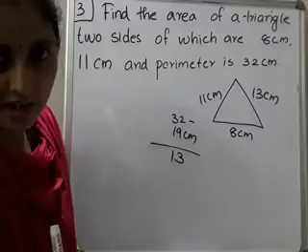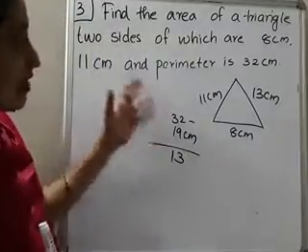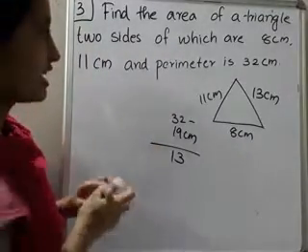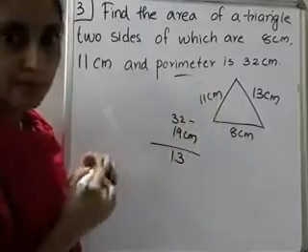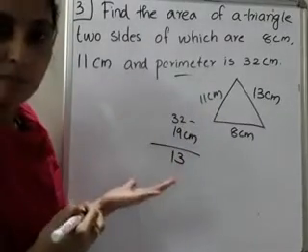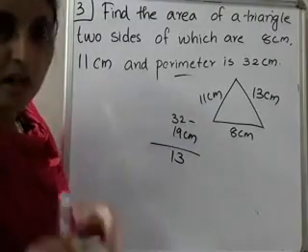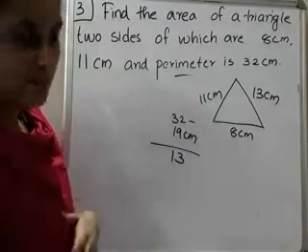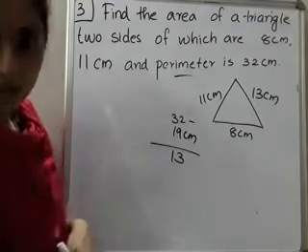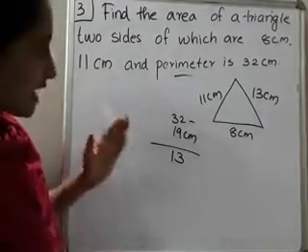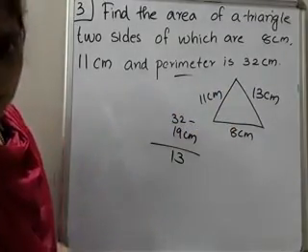So how will you find the third side? Is there any additional information given in the question? Yes, that is perimeter. What is the meaning of perimeter? That is adding all the sides. Already two sides are given. So how will you find the third side? The perimeter minus the sum of the other two sides.